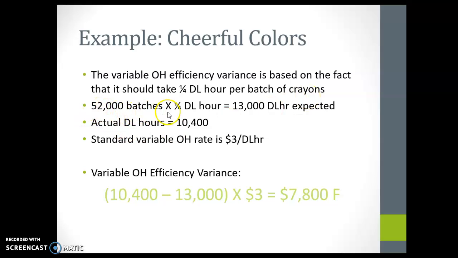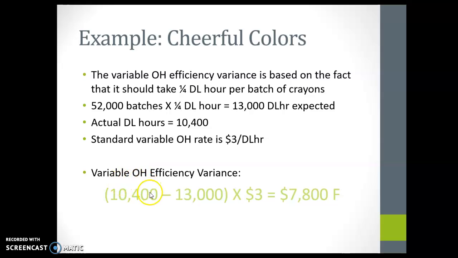We had 52,000 batches times 0.25 of a direct labor hour, which is 13,000 direct labor hours we expected. But what we actually had of direct labor hours was only 10,400. And our standard variable overhead rate is $3 per direct labor hour. That's what we had figured out a few slides ago.